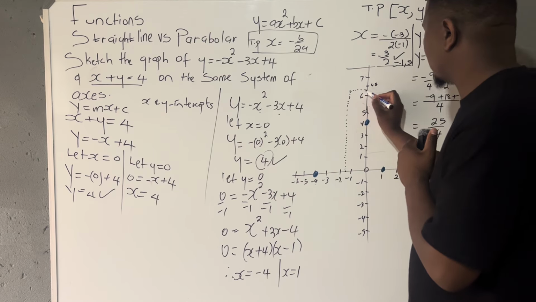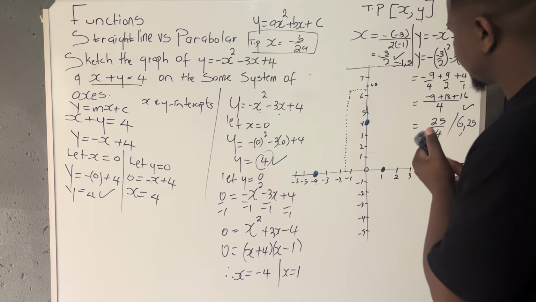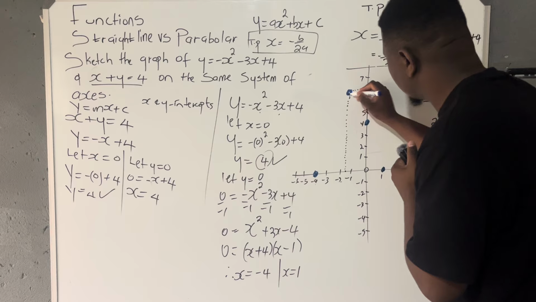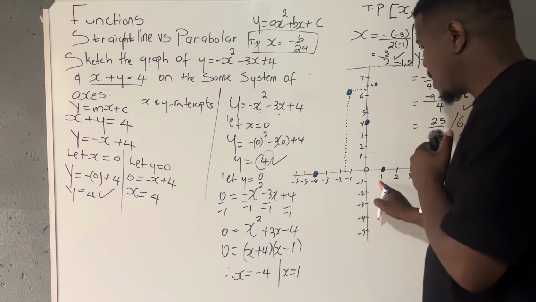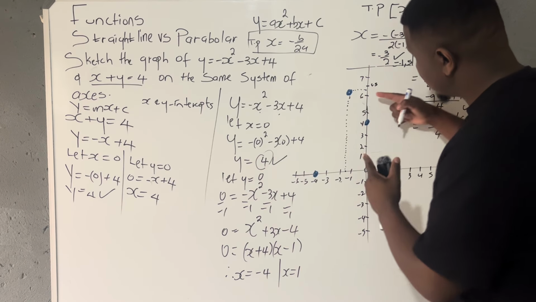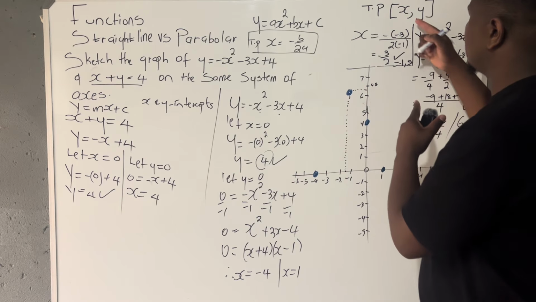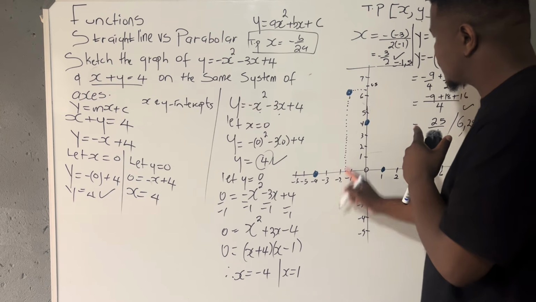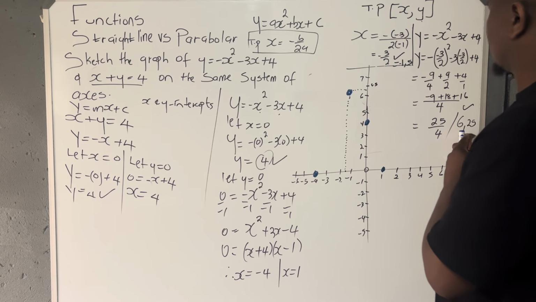So my assumption would be my turning point. This is where it turns. 1, 2, 3, 4. These two are for your x. This one is for your y. And this is where both meet, meaning the turning point: the x value of the turning point together with the y value of the turning point, which happens to be 6.25.